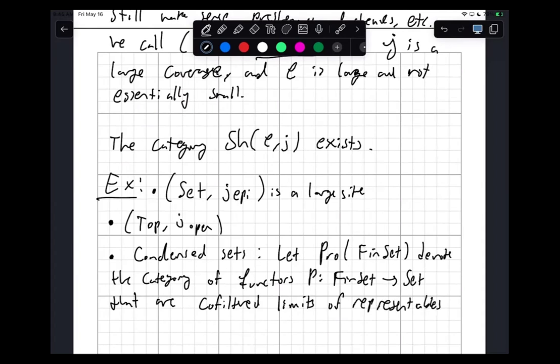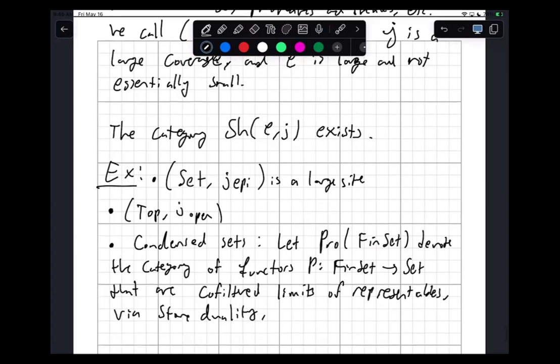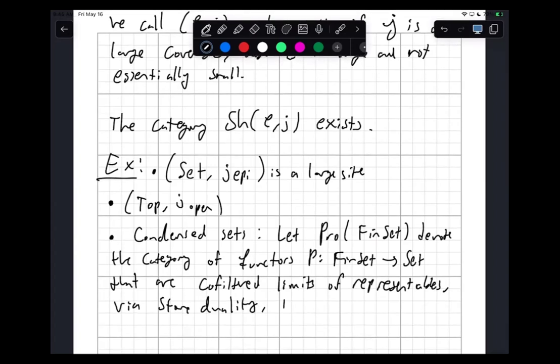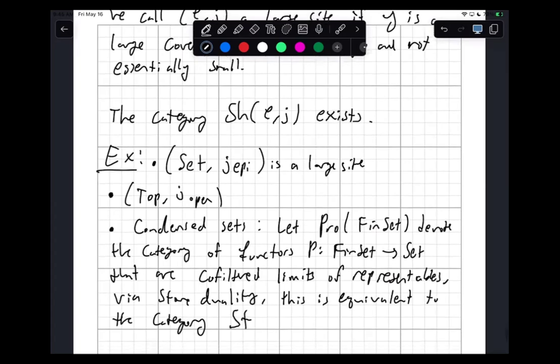I won't explain what that means right now. We'll talk about it more later. Via something called Stone duality, this is equivalent to the category ST of Stone spaces.